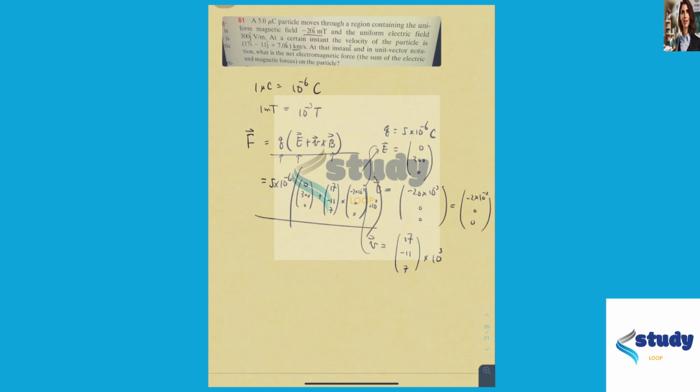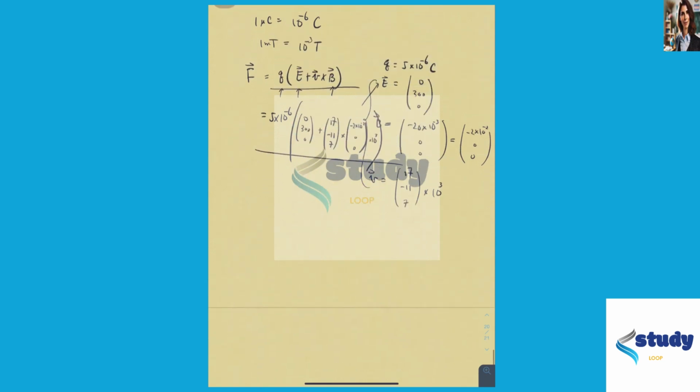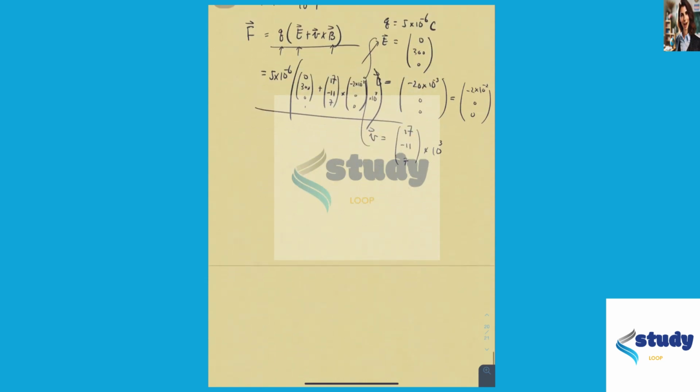Okay, this is the answer. All you need to do is the cross product, then add it to this, and then multiply it by this number, and you're done.